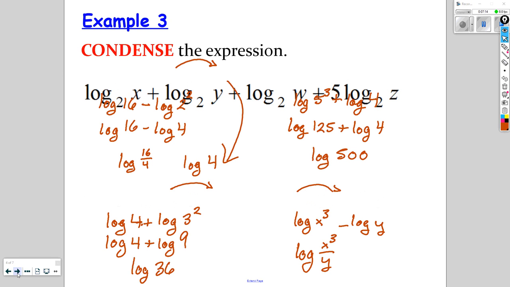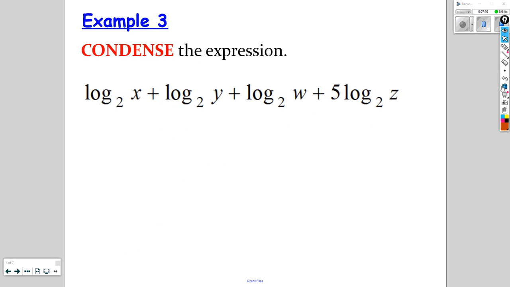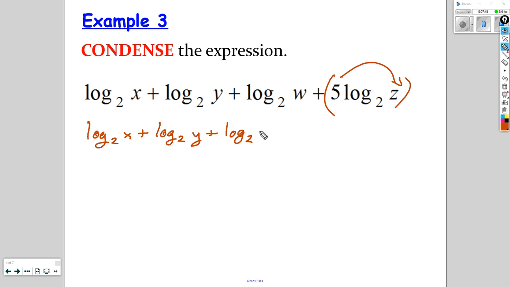All right, cool beans. Now, let's do one really difficult one. And this actually isn't a really difficult one, but it just looks like it. So we have log base 2 of x plus log base 2 of y plus log base 2 of w plus 5 times log base 2 of z. First thing, we could take a look at this, and we could use that power property. So I'm going to rewrite all of these, and notice all the bases here too, so that's nice. That means we can condense this.